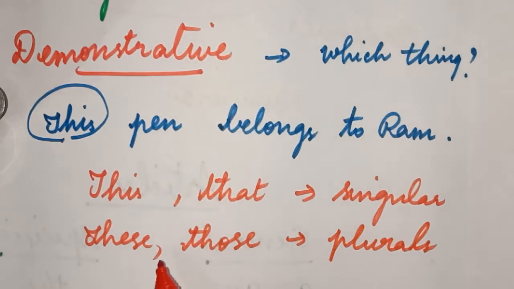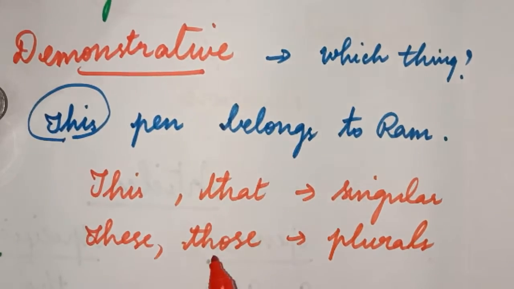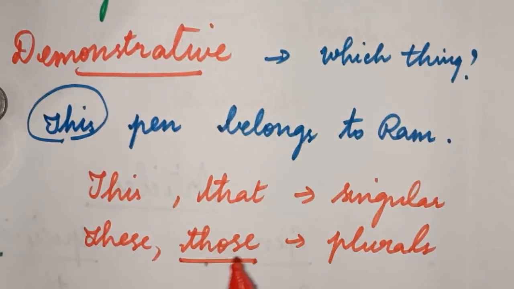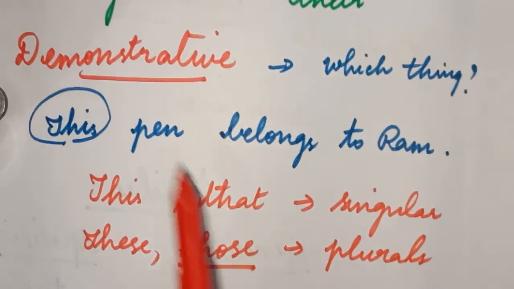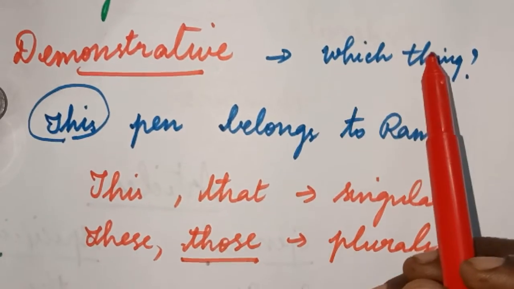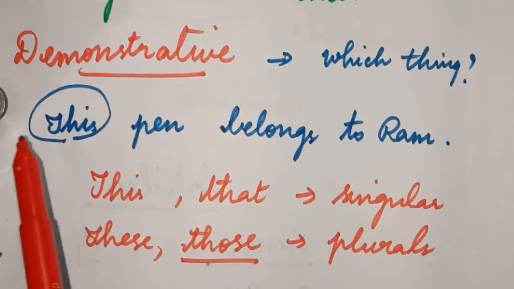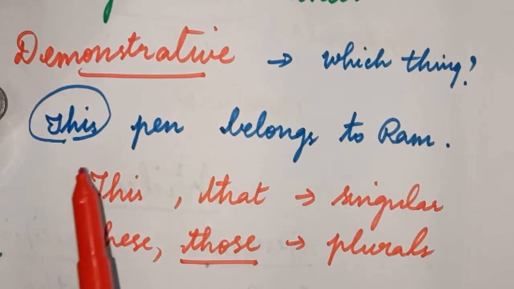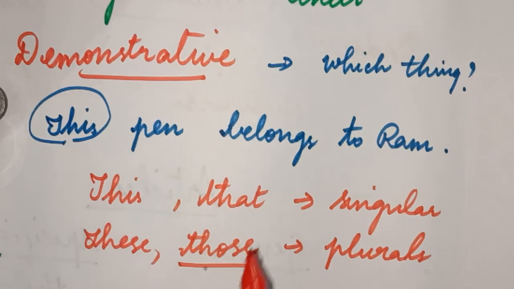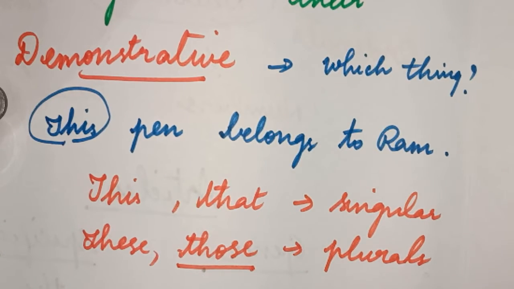Those people are from China, we can say. When you're talking about plural, we use these, those. Understood? So a demonstrative adjective tells you which thing belongs to whom. This pen belongs to Ram. So which pen? This pen. Correct? So this, that is for singular, and these, those for plurals.